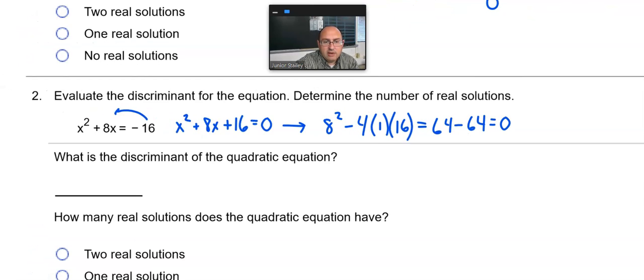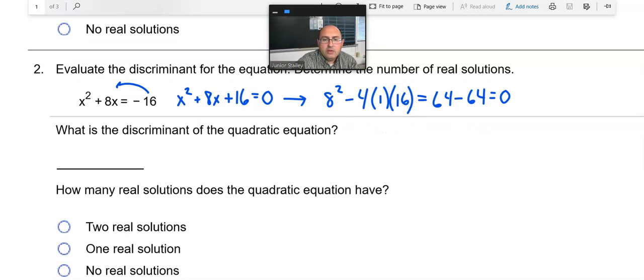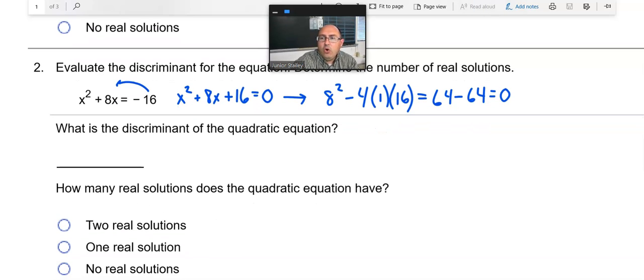We did the calculations here, and maybe I should just use this one. One of the things I need to remind you about is in order to find the discriminant, you have to have the quadratic set equal to 0. Clearly in this one, it was not set equal to 0. So the first thing we did was we moved that negative 16 over to the other side.